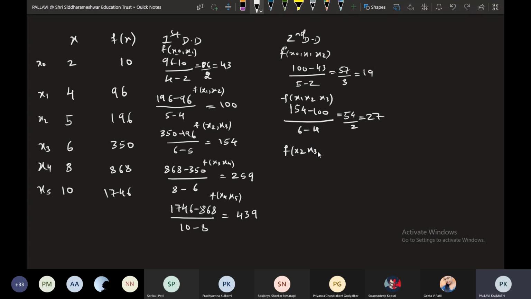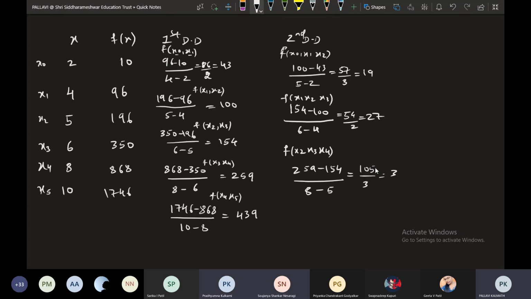Then the next term was x2, x3, x4. So that is 259 minus 154 divided by x4 minus x2, which is 8 minus 3. 259 minus 154 is how much? 105 divided by 8 minus 5 is 3.